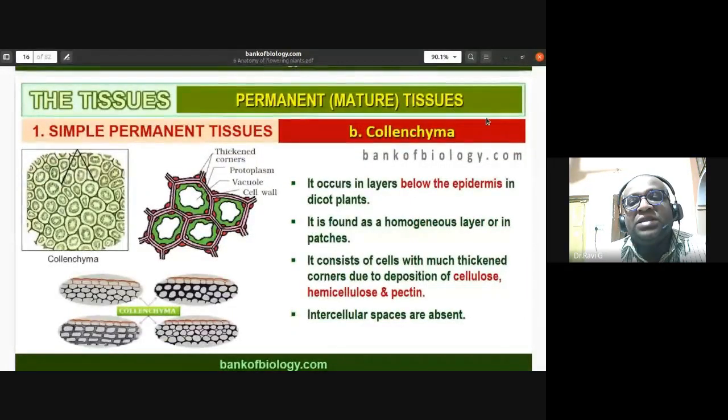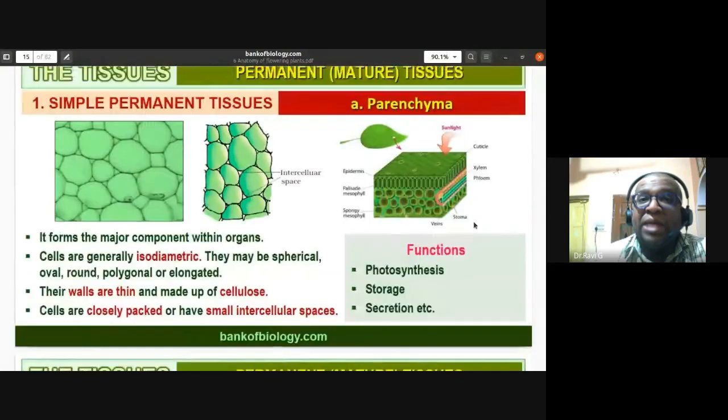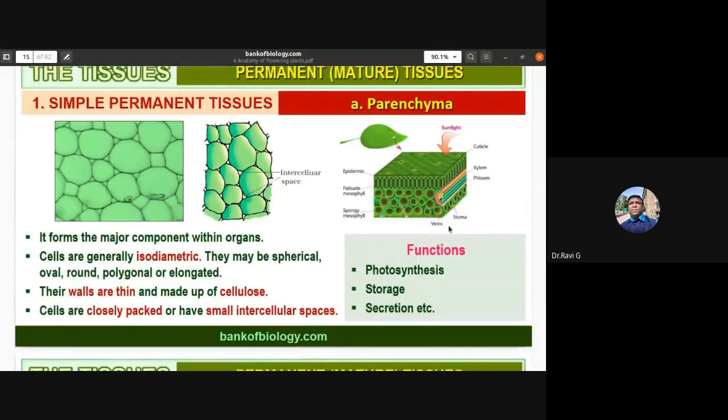So next is collenchyma. See, collenchyma is also called a living mechanical tissue. It is not dead, it is a living mechanical tissue. So what is this collenchyma made up of? Parenchyma, it is just living tissue. Some of the parenchyma cells which are found in between the xylem and phloem patch, we call that conjunctive tissue.